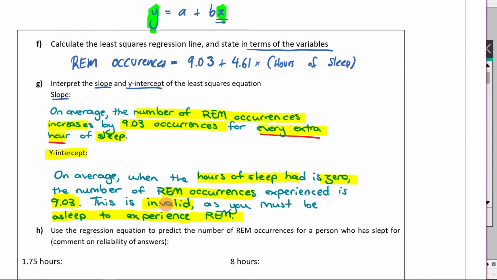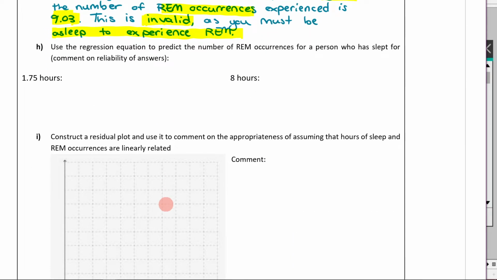Let's keep on moving. Here it says, use the regression equation to predict the number of REM occurrences for a person who has slept for 1.75 hours and 8 hours, and then also comment on the answers. Okay, so what we're going to do here is we're going to take our regression equation.